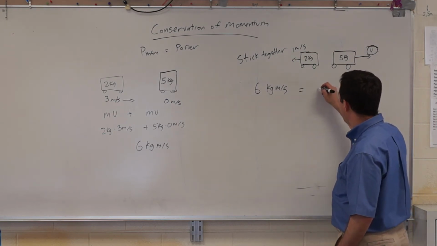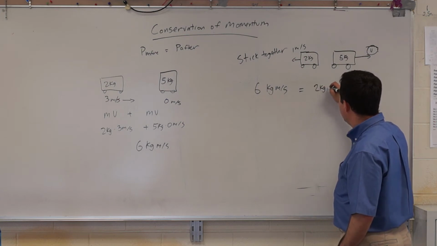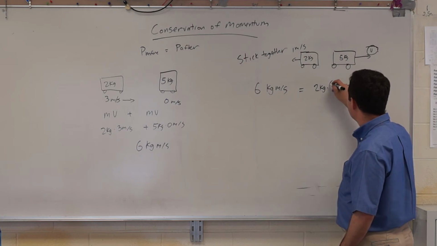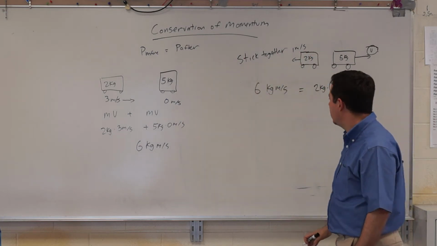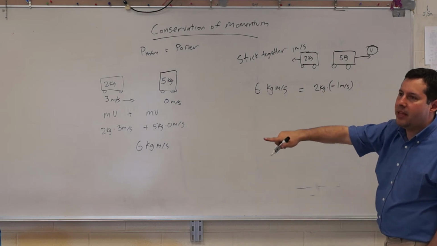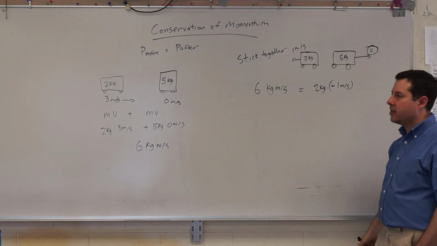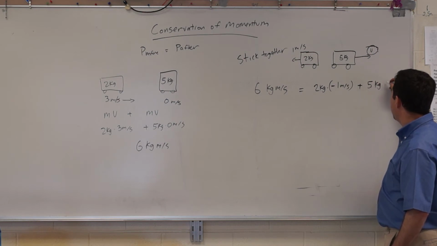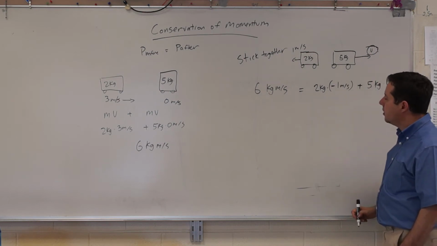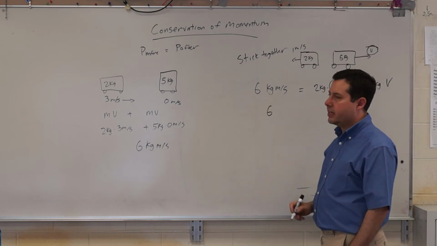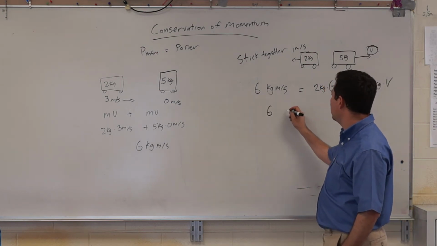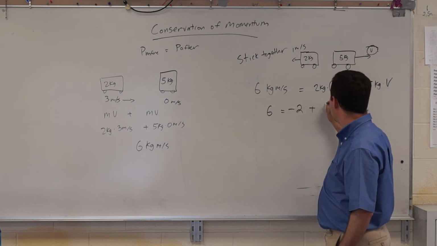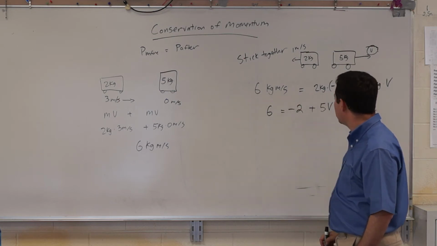Well, the mass of car 1 is 2 kilograms. And the velocity of car 1 is now negative 1 meter per second. Because it's going backwards, in the negative direction, it needs to have a negative velocity. Plus the mass of car 2, 5 kilograms, times its velocity v. So, ignoring units temporarily, 6 equals negative 2 plus 5v.